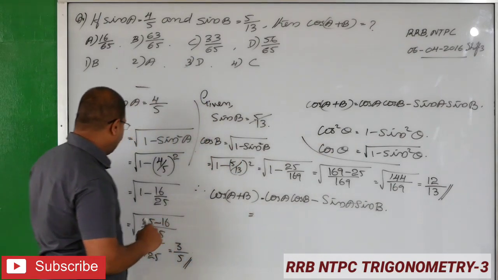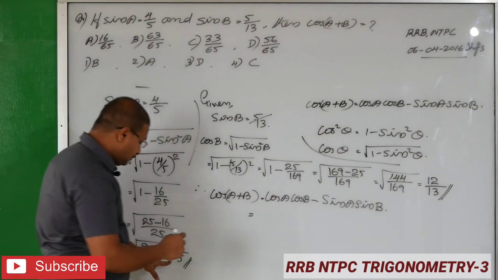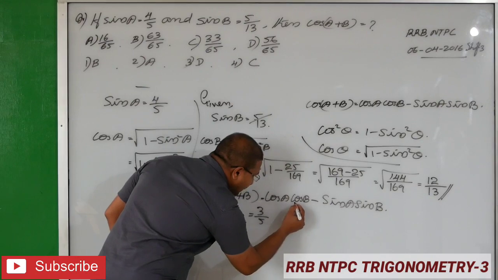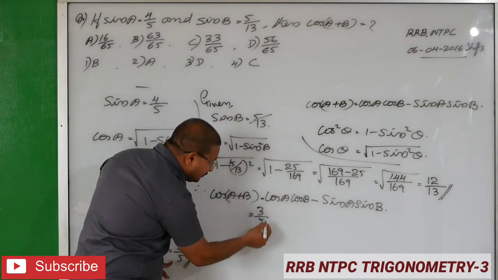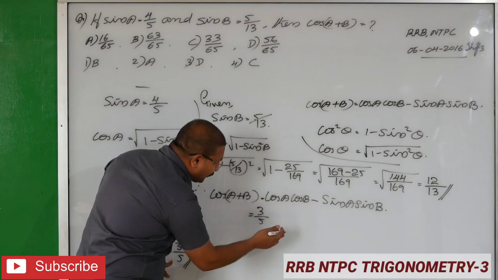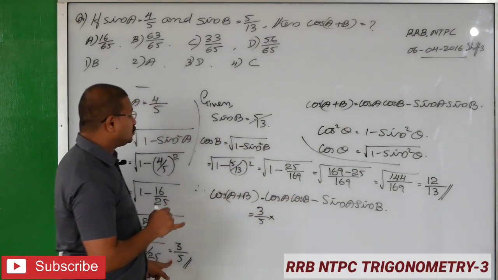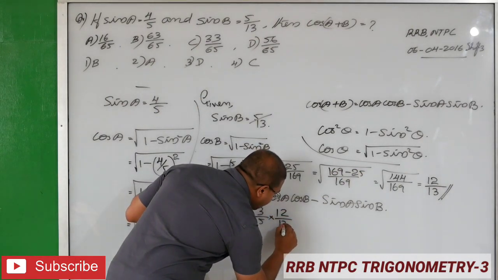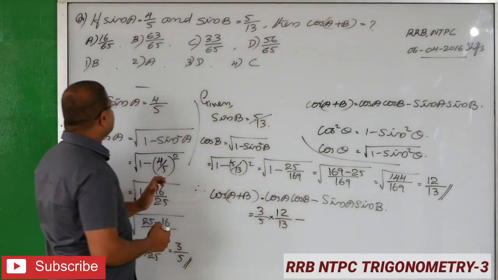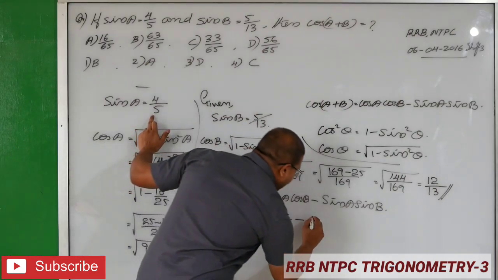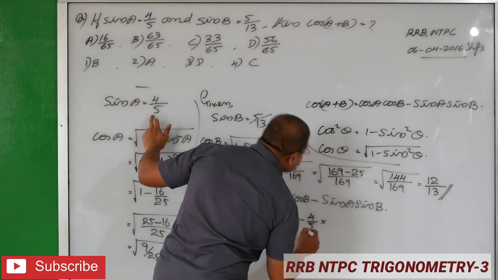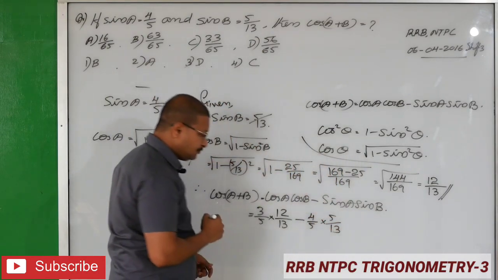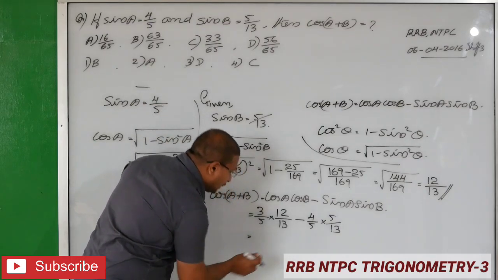The value of cos A is 3/5, into cos B, which is 12/13, minus sin A, which is 4/5, into sin B, which is 5/13.